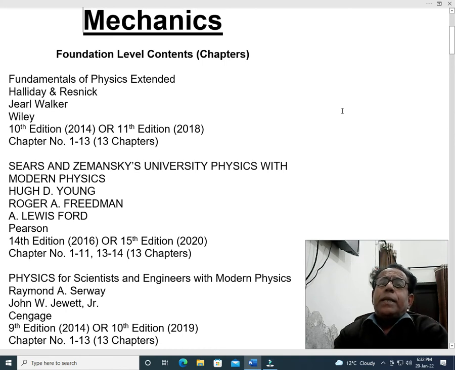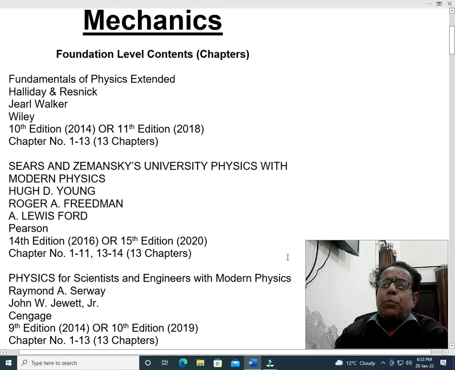Actually the first 14 chapters are related to mechanics, but chapter number 14 of this book relates to fluids or fluid mechanics, for which we have initiated a separate course. So we have not included chapter number 14 in general mechanics. We have taken only the first 13 chapters.